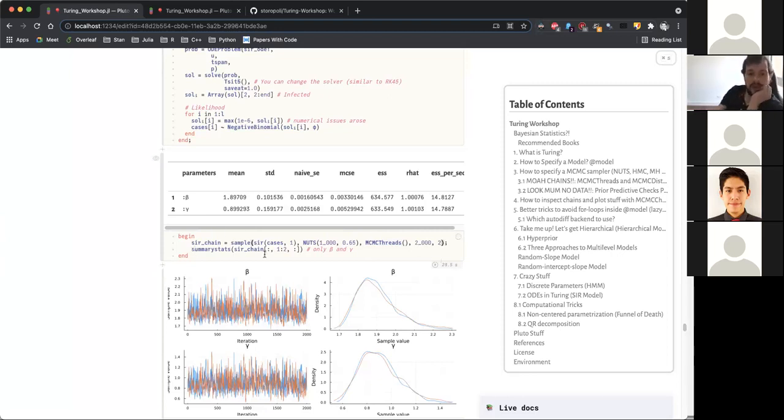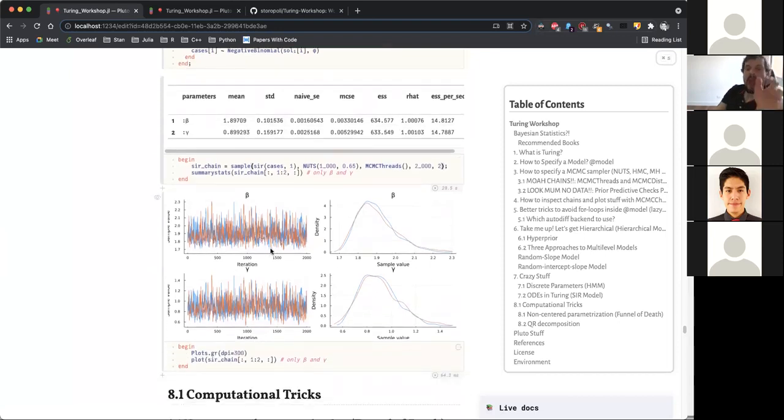And then we have the summary stats, and it pretty much got everything right. So in our example, the influenza 78 boarding school in the UK example, our beta is somewhat 1.9, and our gamma is somewhat 0.9, and this is the whole trace plot.